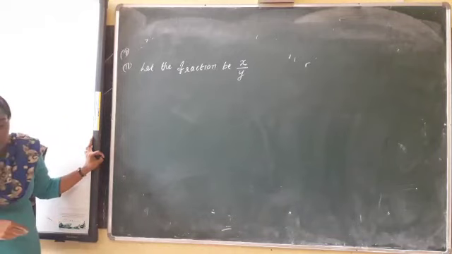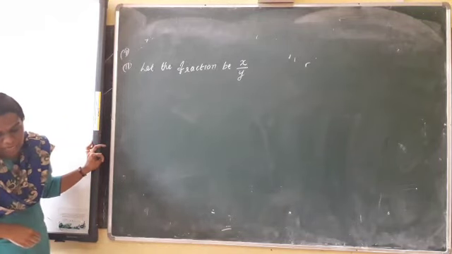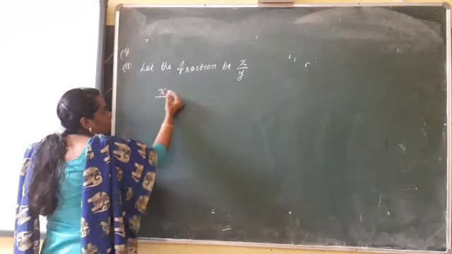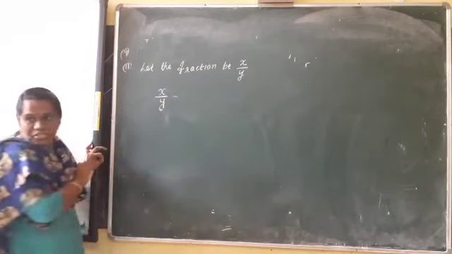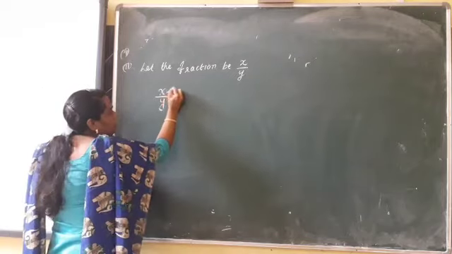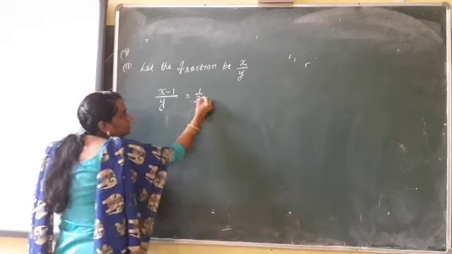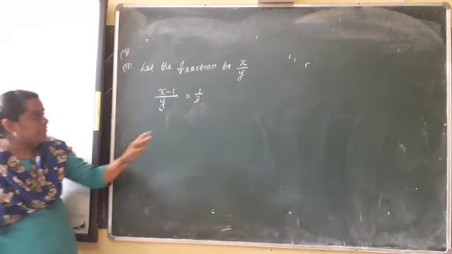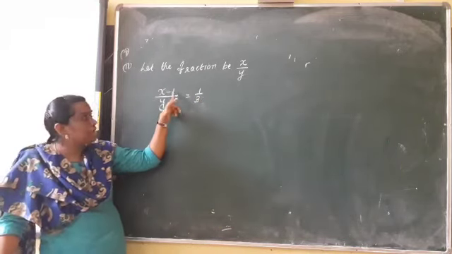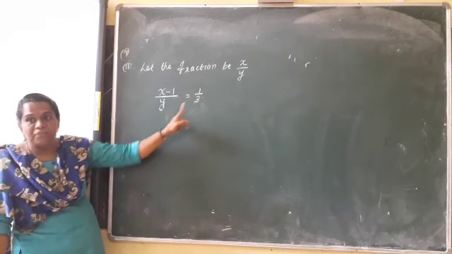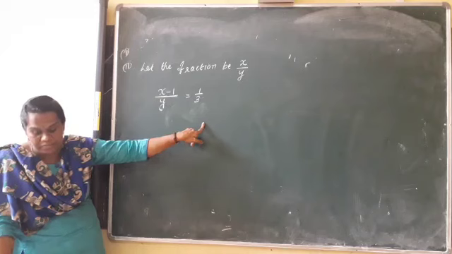Okay? And according to the question, what is our question? If you subtract 1 from the numerator of the fraction x by y, it becomes 1 by 3. I hope you understood this. If you subtract 1 from the numerator, that is x minus 1 by y, that fraction becomes 1 by 3.